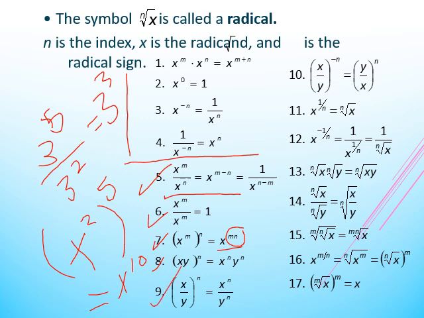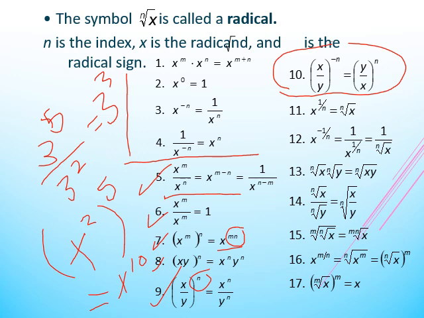The same for the fraction: we can distribute the power n to x and y. So (x over y) all to the power n is equal to x to the power n over y to the power n. It's a very simple property, and we will use many examples and exercises, so pay attention.